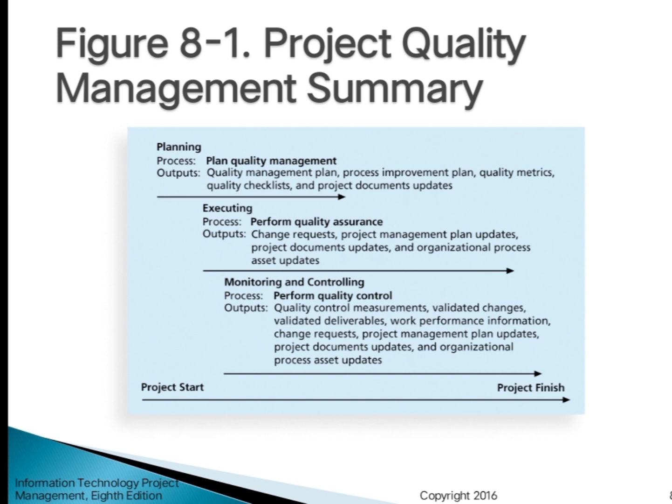When we say planning, it is plan quality management, the quality management and process improvement plan, and so on. Then executing is performing quality assurance, then change requests, project management plan updates, project documents, and so on. Then in monitoring and controlling, it is performing quality control, and the outputs are quality control measurements, validated changes, validated deliverables, and so on.